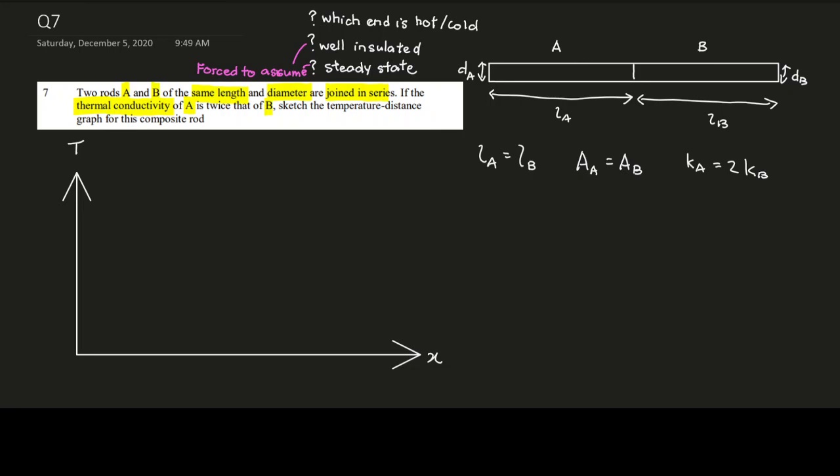These two things we are forced to assume, or else we can't draw the graph properly. The other thing I'm not sure about is which end is hot and cold. Let's just call this part hot, or else you can't proceed. So let's just take it easy and put something in. Okay, so end A is hot, end B is cold.